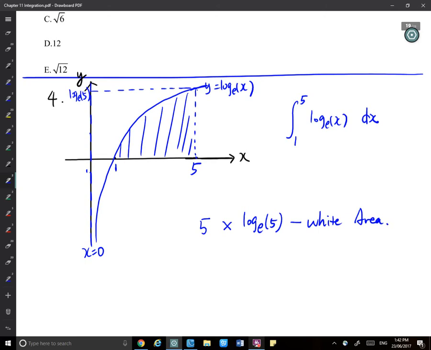Here is 5, here is 1, here is 0, here is 5 log e 5. What I'm trying to find now is the white area. I will shade this white region on my paper.